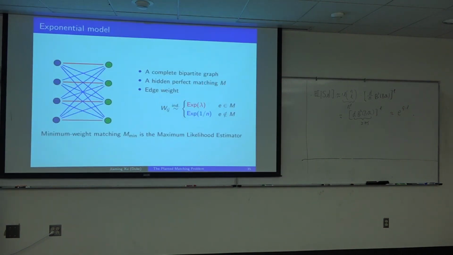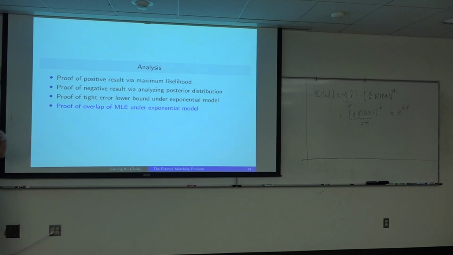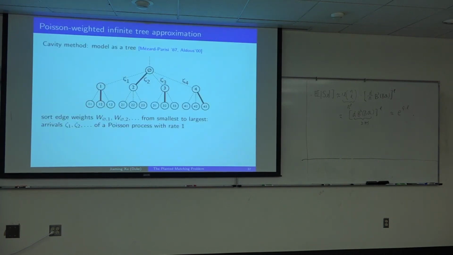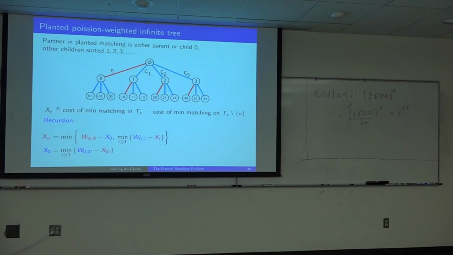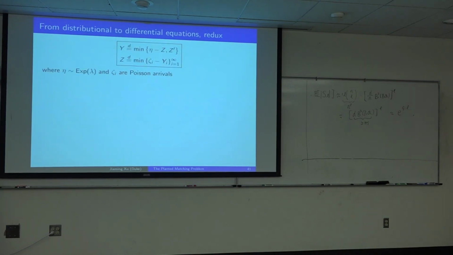Let me skip this. There's also a part about how we get this exact overlap using ODE, but I don't have time to talk about that. Basically, the idea is that there's a connection to the so-called cavity method, or objective method, or local weak convergence theory.